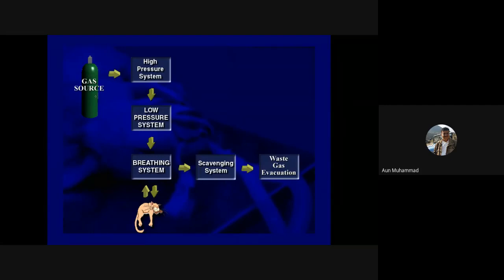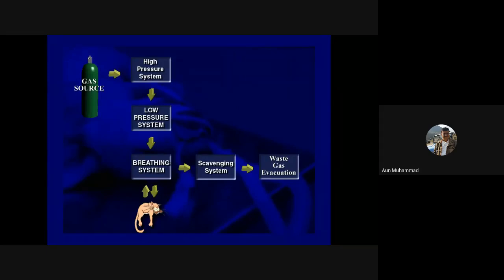We know that this gas source is a high pressure tank, and when filled, it contains huge psi pressure within it. It can range from 1500 to 2000 psi. This is quite detrimental if you release the outlet of this gas tank, as it can fly like a missile.